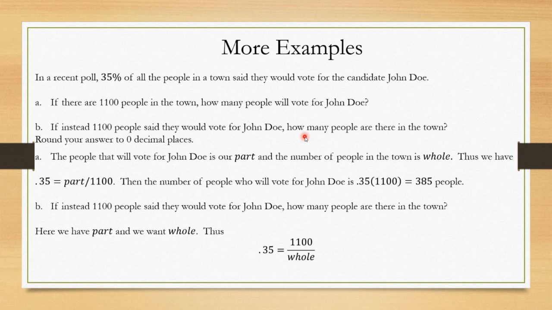The people that will vote for John Doe would be the part, and that's what we're looking for. The number of people in town would be the whole.